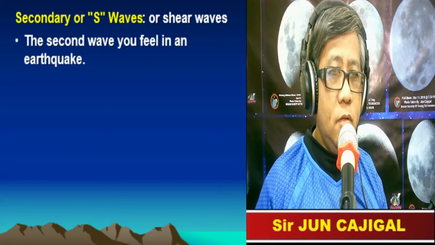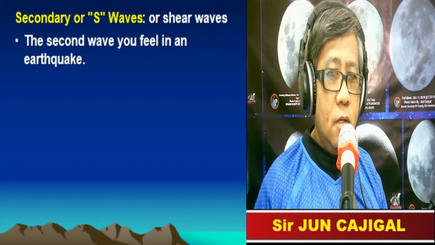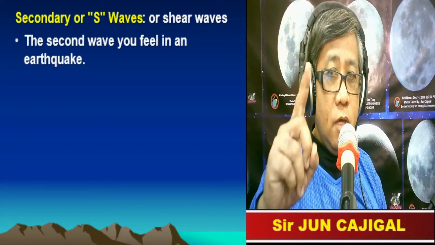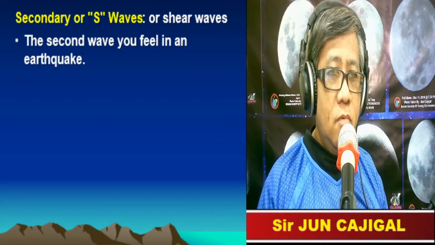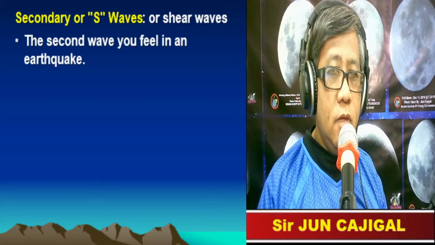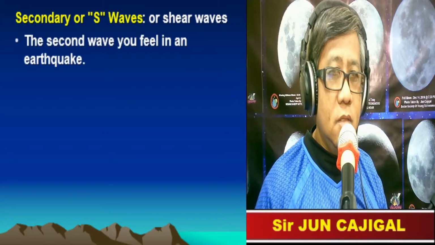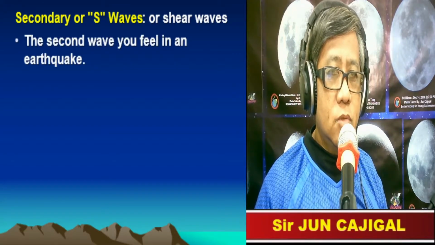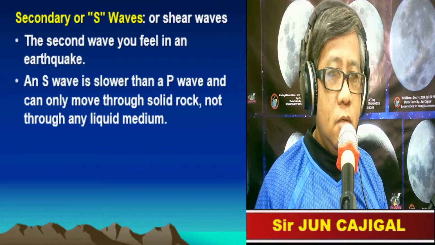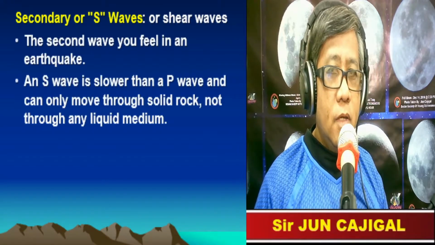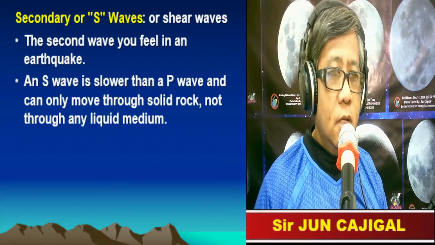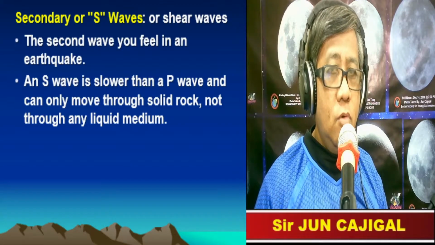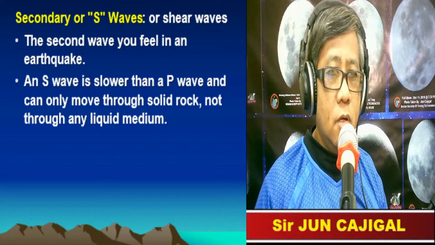Remember, the first wave that you feel in an earthquake is the P wave, being the fastest, while the second wave that you feel is the secondary or S wave. The S wave is somewhat slower as compared to the P wave, and the S wave can only move through solid rock, not through any fluid medium, in contrast to the P wave.